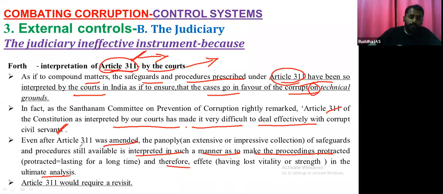Though the article was amended, even in the present form, the courts are so interpreting that the corrupt are getting the benefit. So, the Second ARC says that there is a need to revisit this Article 311.